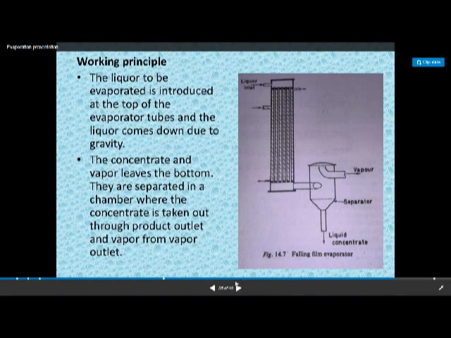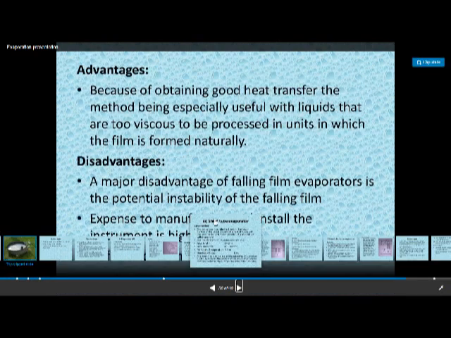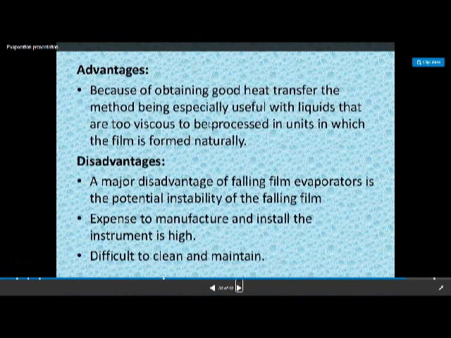Now what are the advantages of this falling tube evaporator? This method is specifically used for liquids which are too viscous for evaporation. This is the disadvantage of the climbing film evaporator, that viscous liquids cannot be evaporated in the climbing film.